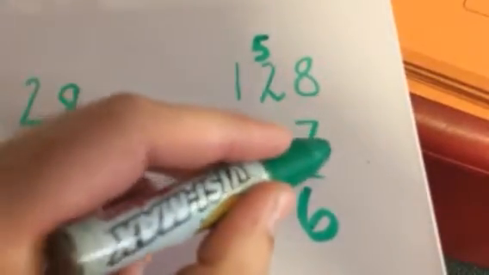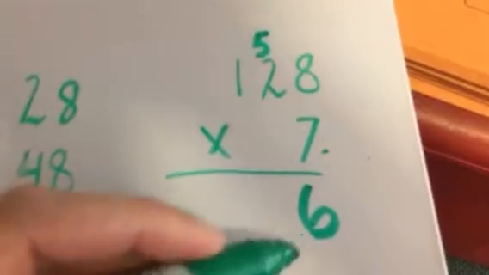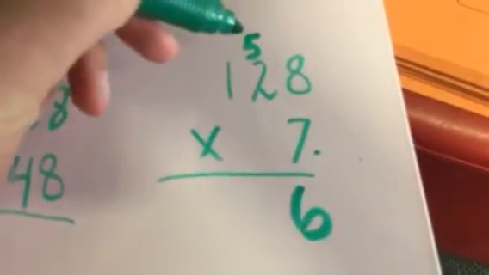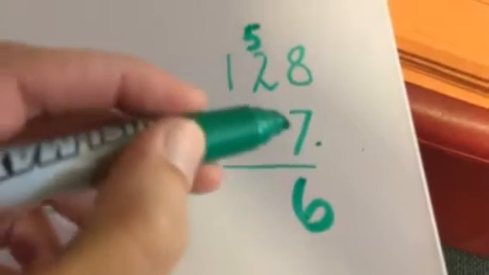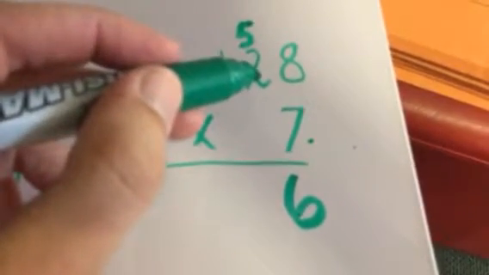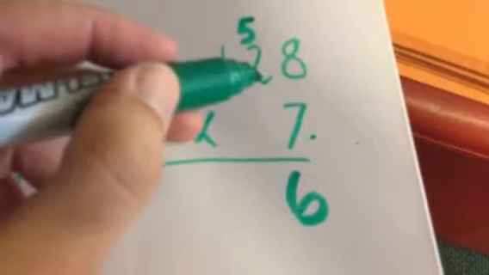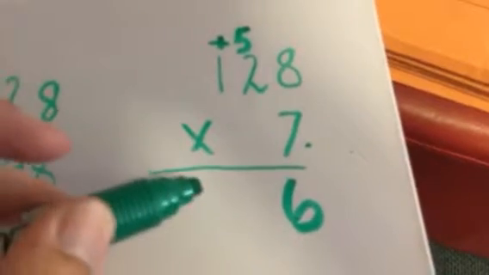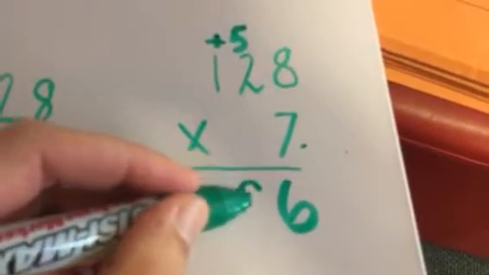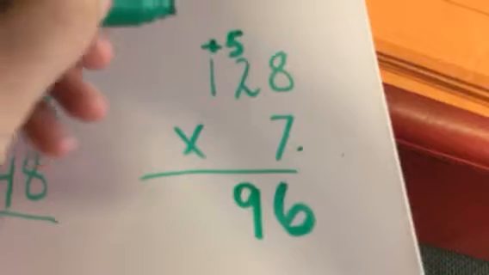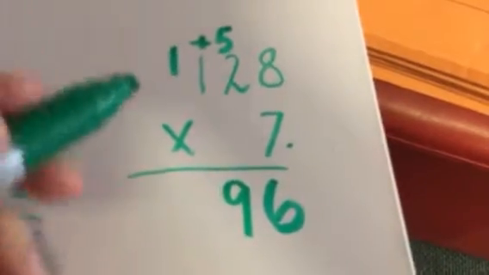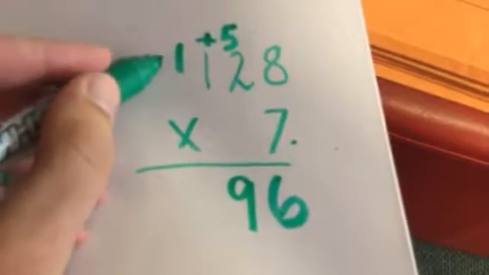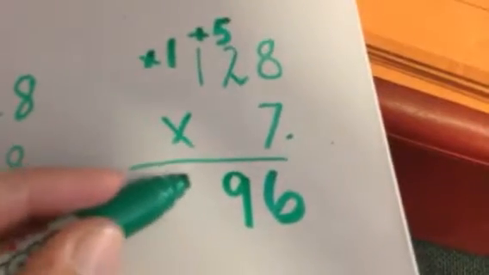So starting here, 7 times 8 is 56, put down the 6, carry the 5. 7 2s are 14, plus 5 is 19. Put down the 9, carry the 1. 7 1s are 7, plus 1 is 8.